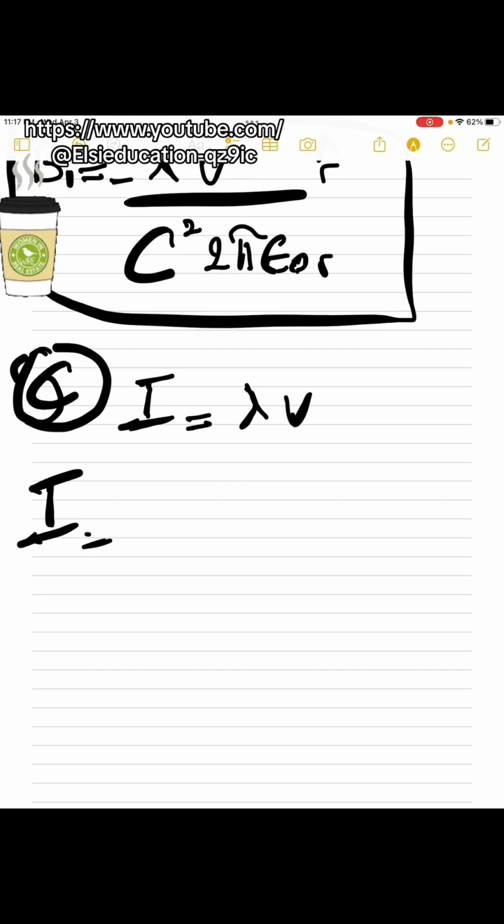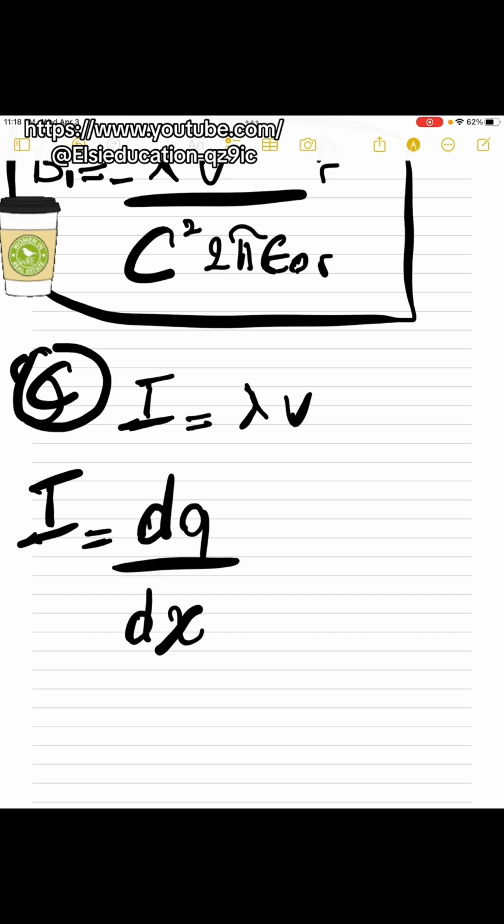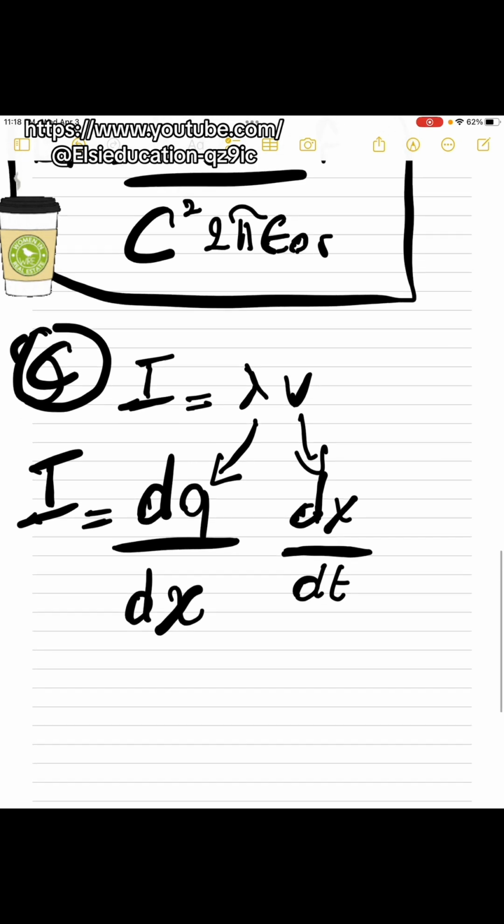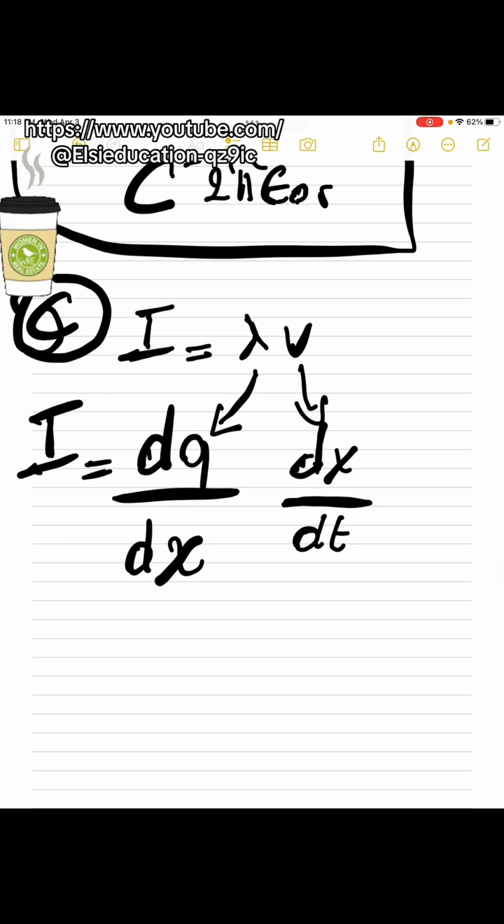We know from previous classes that the current is equal to the charge divided by the time, and we know that the speed is equal to distance divided by time. So this is how we can prove that the current is equal to the linear density multiplied by speed. Okay.